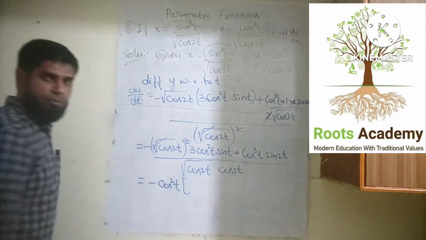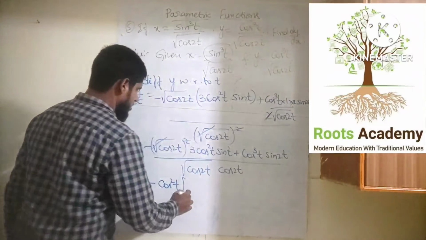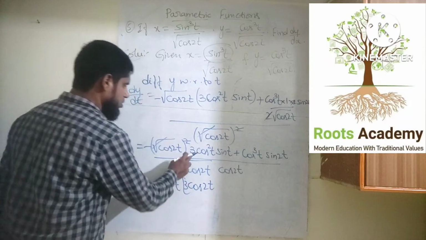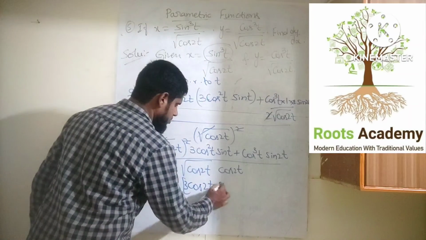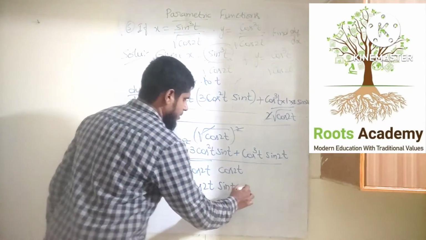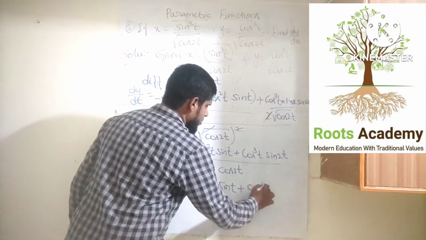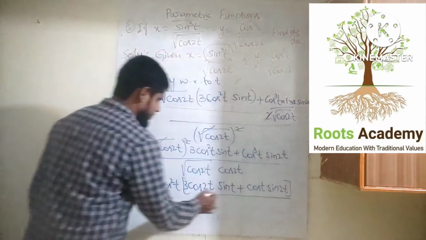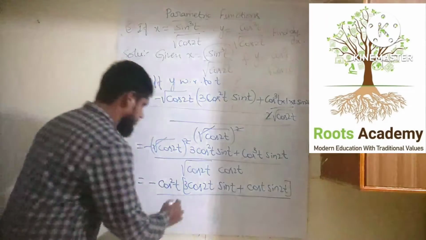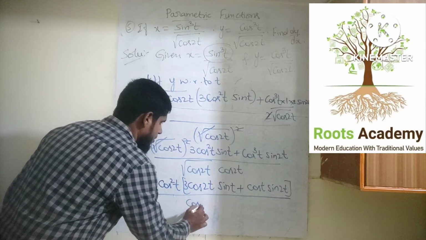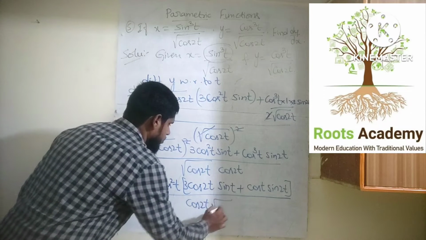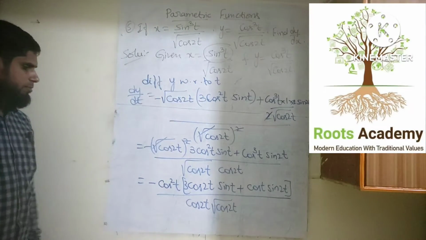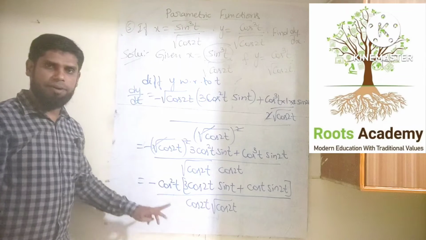If I remove cos square t, then I will get 3 cos 2t into sin t plus cos t into sin 2t, divided by cos 2t into root of cos 2t. This is our final dy by dt.